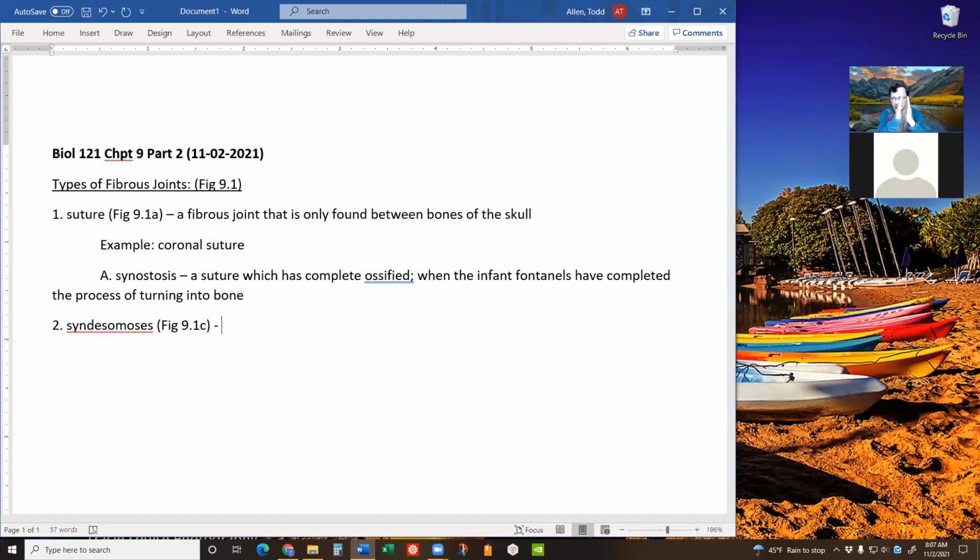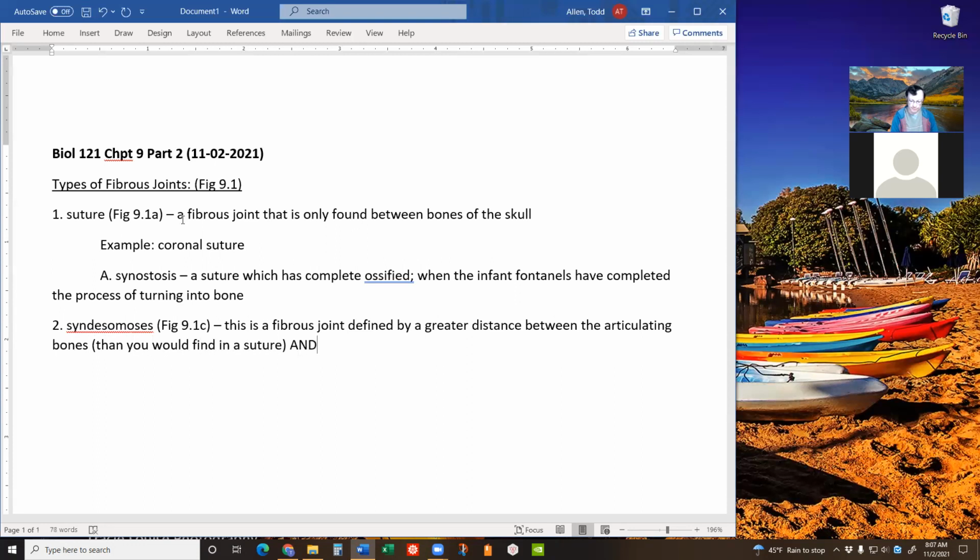There's a larger separation of the bones than you find in a suture, and in addition, these joints have a larger quantity of dense irregular connective tissue.